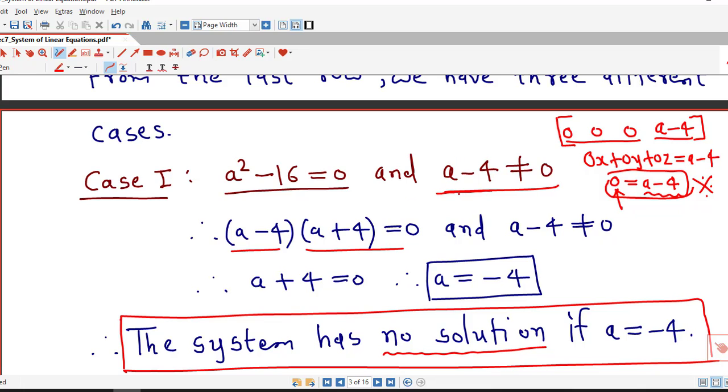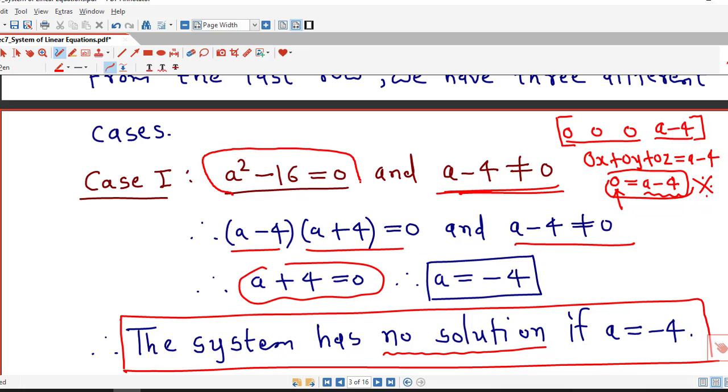But we have a minus 4 non-zero, therefore we must have a plus 4 equal to 0. Therefore a equal to minus 4. So for a equal to minus 4, this condition is satisfied. If a equal to minus 4, a square minus 16 is 0 and a minus 4 will be minus 8. So for a equal to minus 4, we have this type of row. Last entry is non-zero and remaining entries are 0.